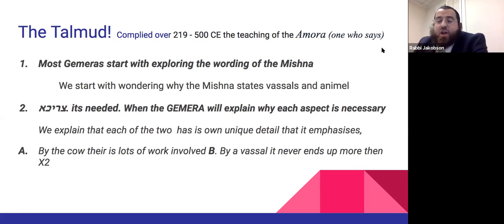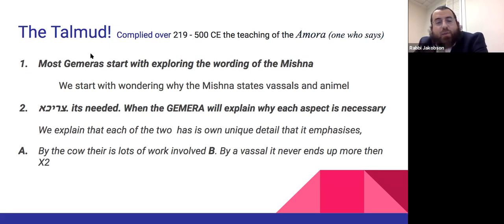The Talmud is based on the discussions, dialogues, and debates that the Amoraim had, and that was compiled by Rav Ashi and Ravina. But the main thing is that it's the teachings of the Amoraim. So that's just a general input about the Gemara.